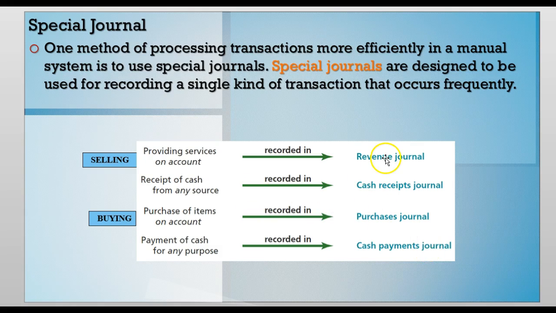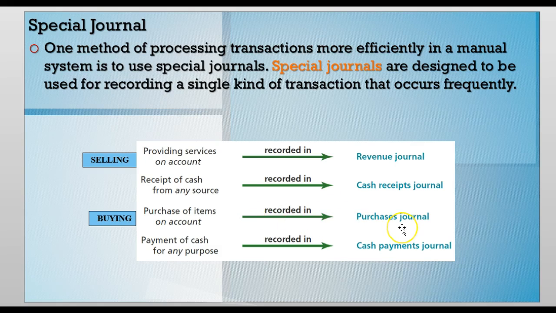The revenue journal has all of the revenue that you receive on account. So all of your accounts receivable go through this journal. The cash receipts journal is where, whenever you receive cash for anything, it is recorded.